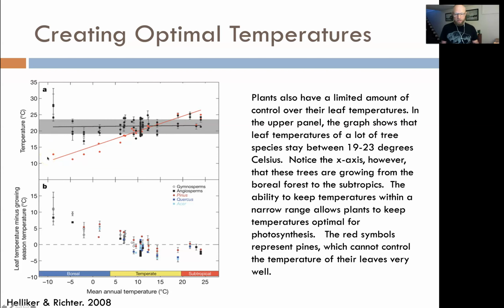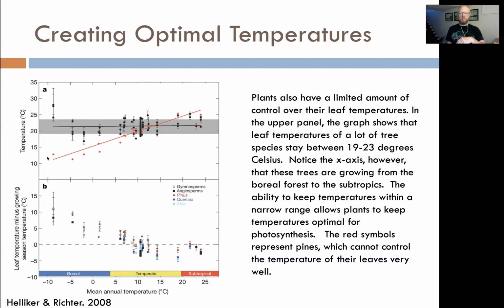The other thing that we see a little more in deciduous angiosperms than in evergreen gymnosperms is the ability to regulate leaf temperature. And I hesitate to use the term regulate because for some species, they're not actively regulating. It has to do with the size of the leaf and the boundary layer thickness.